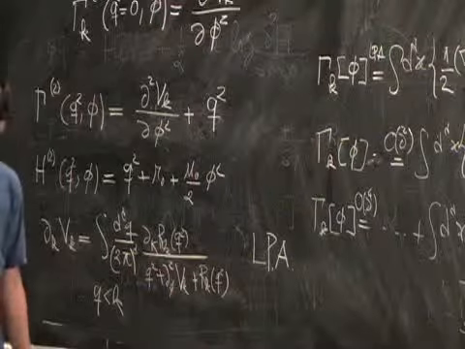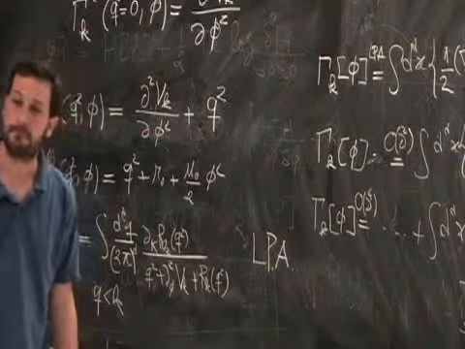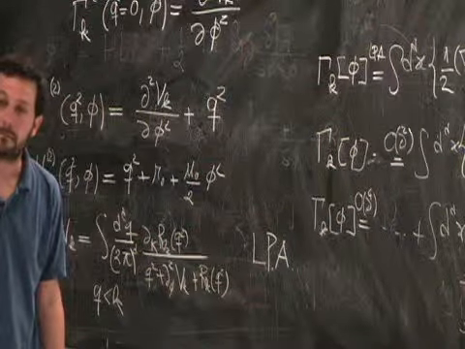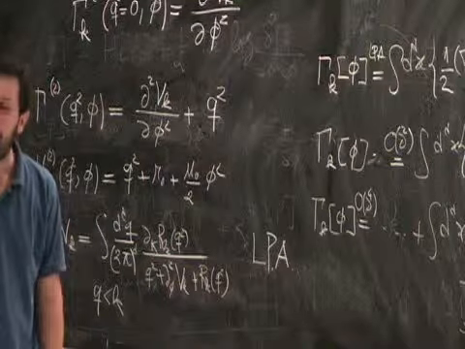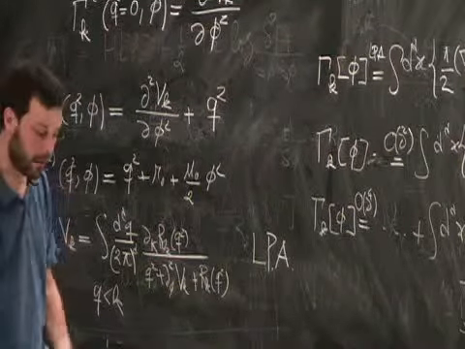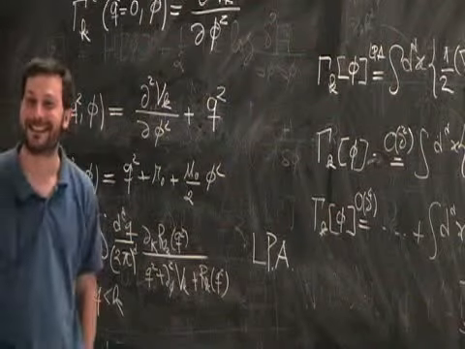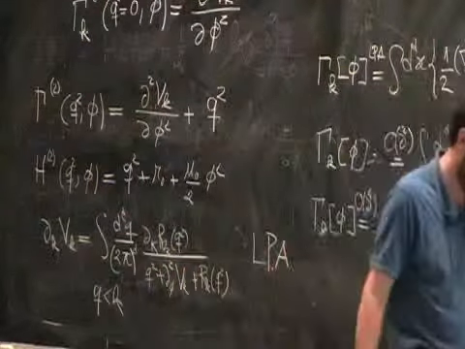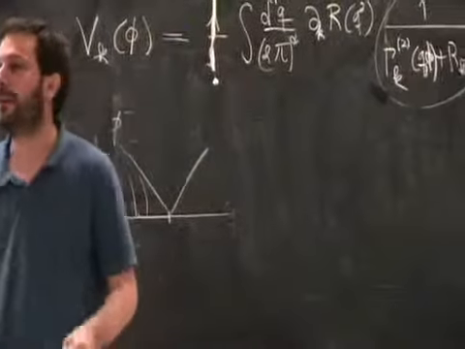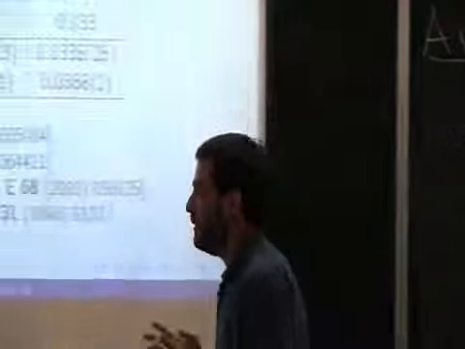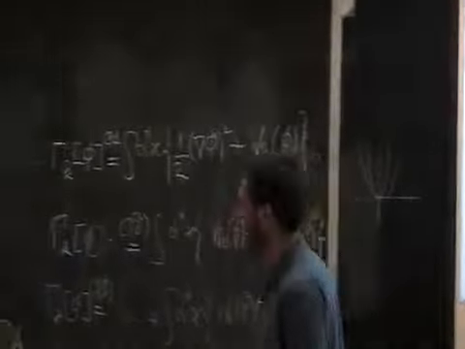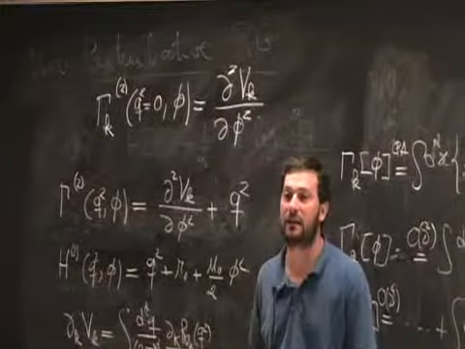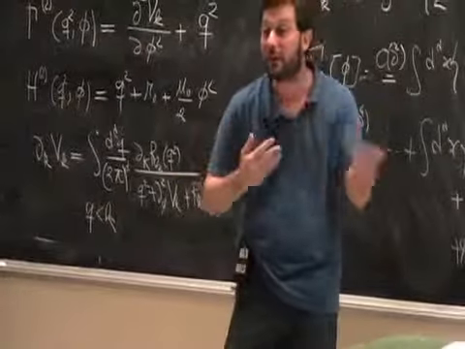There's an art in choosing this function R, the cutoff function. It has to satisfy certain requirements, and there are lots of functions you can choose. I remember about 5 to 10 years ago, people were still fighting over which is the optimal way. In fact, the physical result cannot depend on R, because it simply says in which order you integrate things.